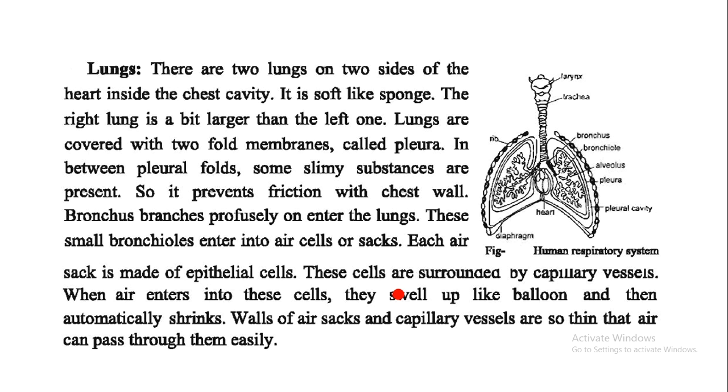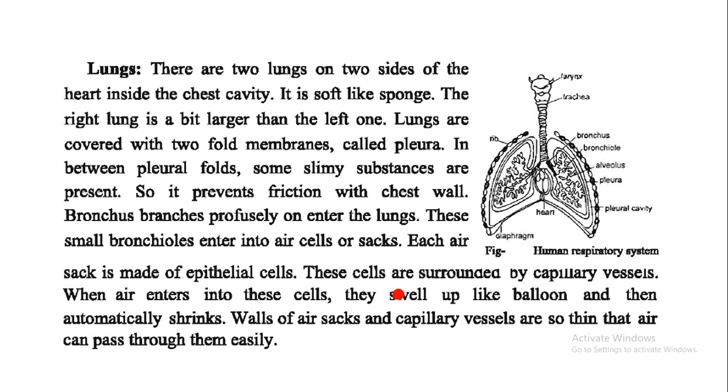In between the pleura, fluid and some slippery substance are present, so it prevents friction with the chest wall. It is a very important thing to avoid friction.